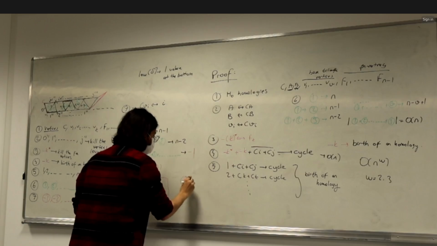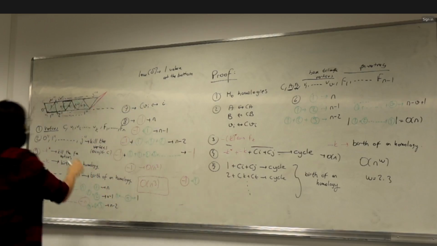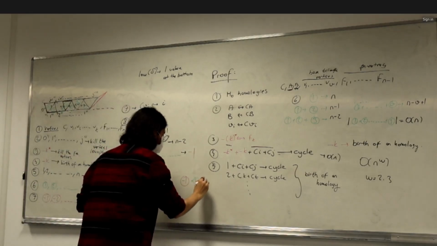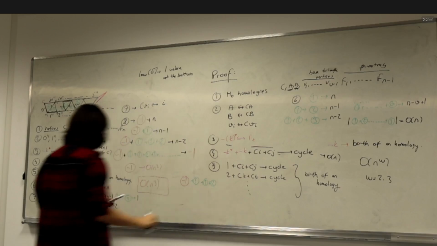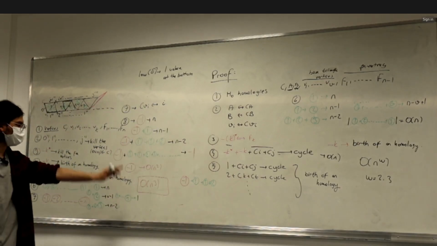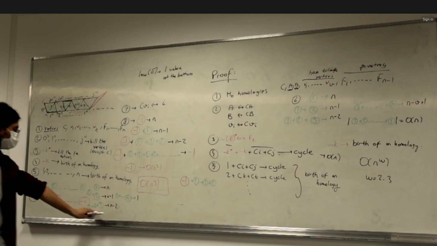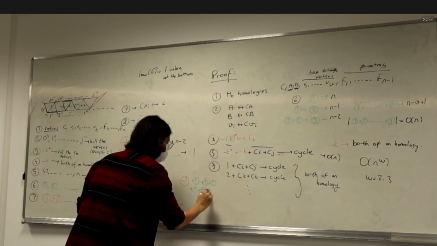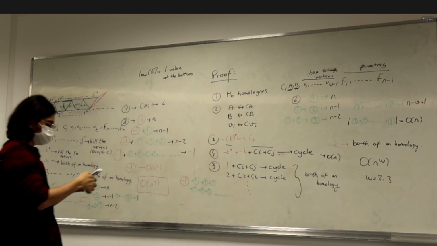But when we add 1, again, this will have log n minus 1. To remove that, we need to add 1, 2. And again, when we add this, the log will be n minus 2. And to remove that, we need to add 1. And so on.